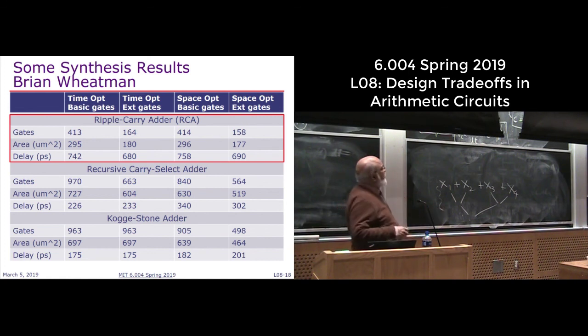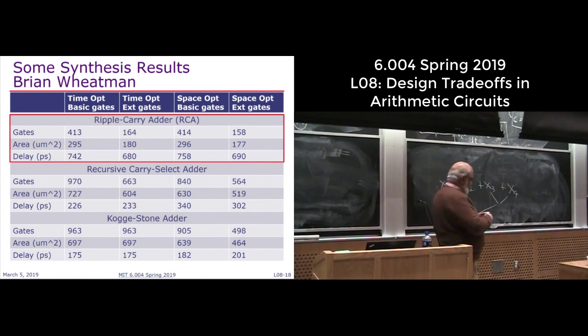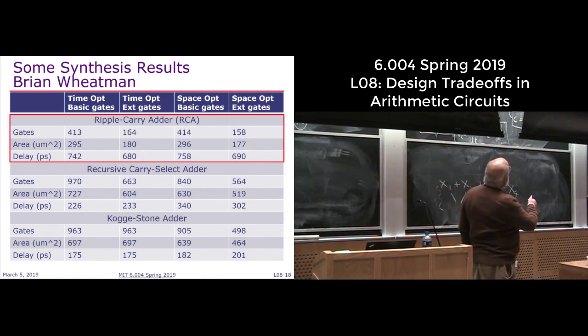And what do you learn by reading this top thing over here, right? So we were optimizing for time, 430 gates. The area actually taken is 295. And the delay is 742. And as we go this way, if we use fancier gates, we can drop down the area from 295 to 180.